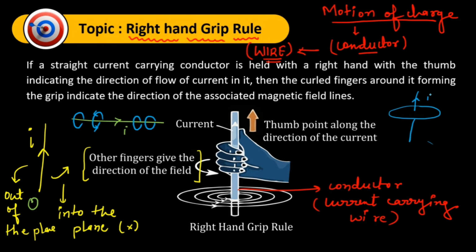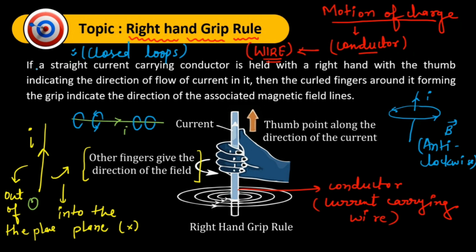This is a wire carrying a current, so the magnetic field must be going this way. Here we can say the direction of magnetic field around that current carrying wire is anti-clockwise. We will be using these terms again and again in this unit, clockwise and anti-clockwise, because magnetic field forms closed loops. That is something we need to understand.